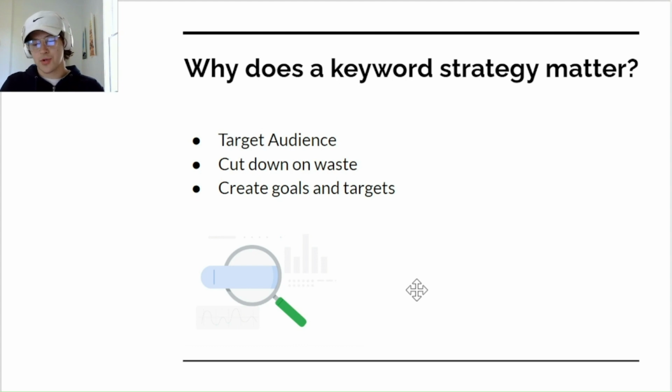And then you want to be able to create goals and targets based on your keyword strategy, right? You want to know exactly what are my costs going to look like? How much do I have to pay for this keyword versus this keyword? And then you can create conversion projections and ultimately understand, what am I forecasting to spend and what are my results going to be at the end of every month?